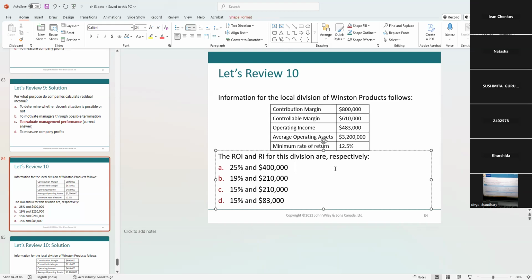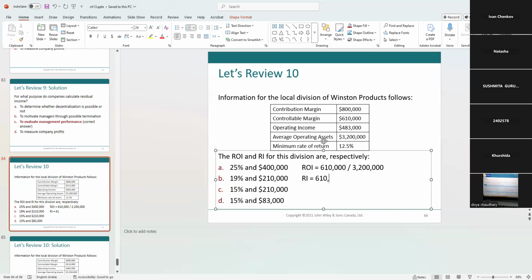So how are we going to do it here? Our return on investment is going to be equal to controllable margin, which is 610,000, divided by average operating assets, which is 3,200,000. And once you get that, then you're going to calculate the residual income.